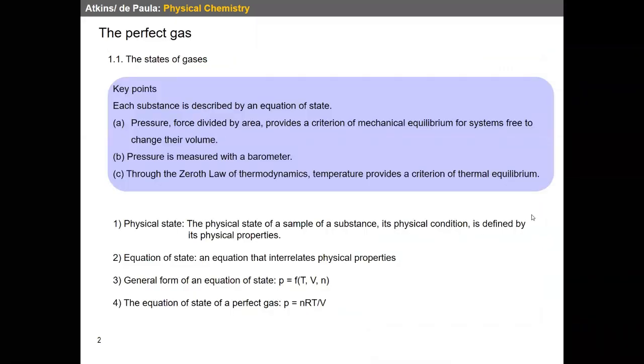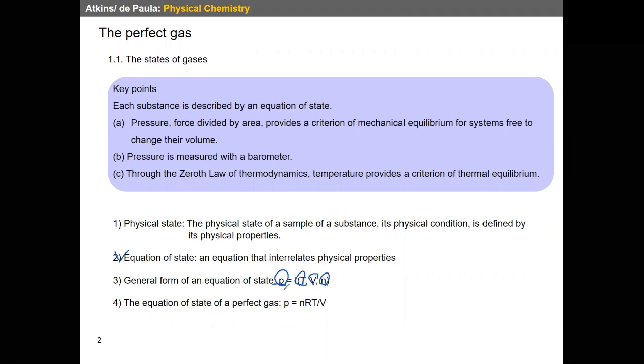So this is why we learn pressure and temperature. One of the important things for studying perfect gases, especially the state of gases, is that we have to understand the equation of state and the general form of an equation of state. This equation of state is related to pressure, temperature, volume, and the number of molecules.